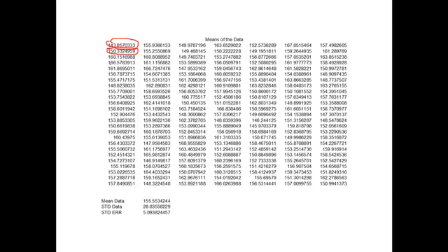Each and every one of these numbers represents the average of a column. And I've taken the mean and the standard deviation and the standard error of the mean, which we will talk more about later.